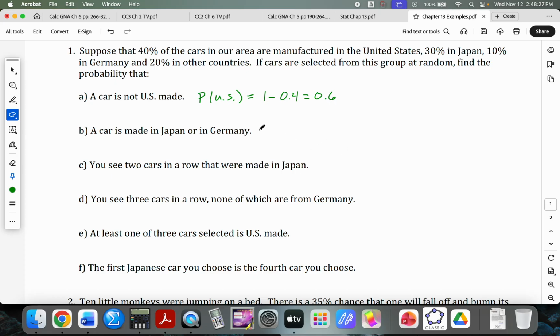All right. So the probability that a car is made in either Japan or Germany. How do we calculate that? Well, that's the probability that it's made in Japan plus the probability that it's made in Germany. What do we call those two possibilities?